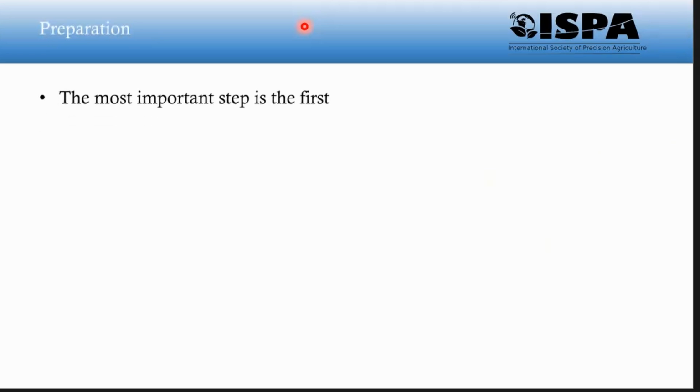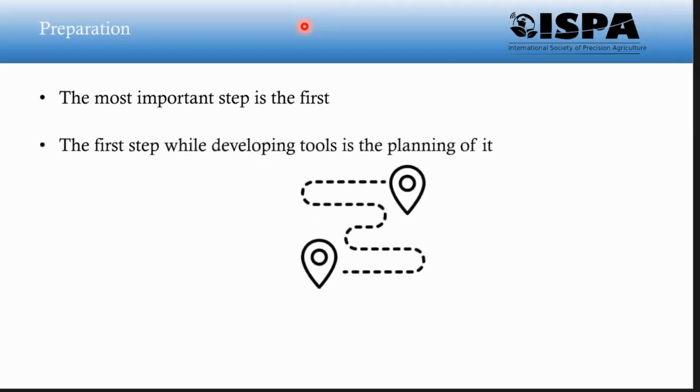Preparation. The most important step is the first one you're going to do. So what's the first step in developing tools? It's the preparation, to plan how you're going to do it.